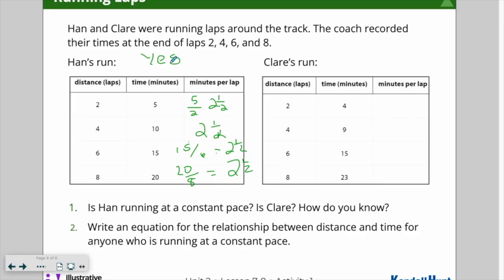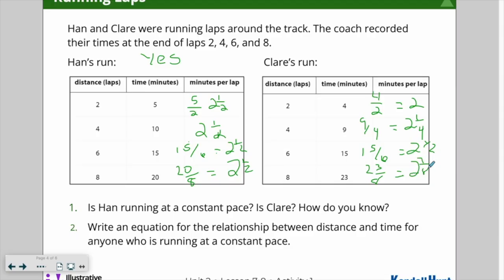Claire, well, minutes per lap, 4 divided by 2 is 2 minutes per lap, but 9 divided by 4 is 2.25 minutes per lap. 15 divided by 6 gives us 2.5 minutes per lap, and 23 divided by 8 gives us 2 7/8 minutes per lap.